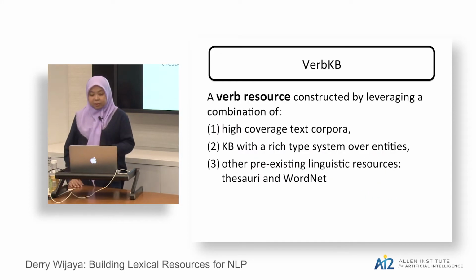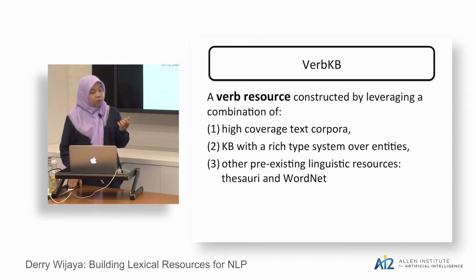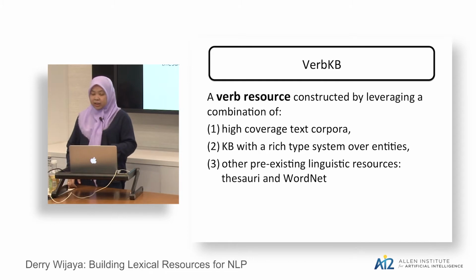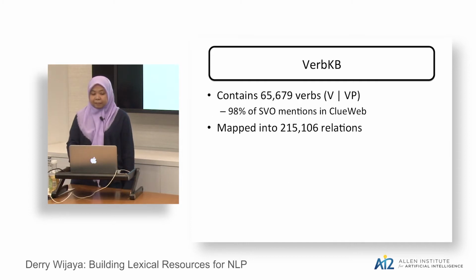So the verb resource that we built is called VerbKB, and we construct it by leveraging three things. One is high coverage text corpora. Another one is a knowledge base with a rich type system over the entities. And we also utilize other pre-existing linguistic resources, such as WordNet and Thesaurus.